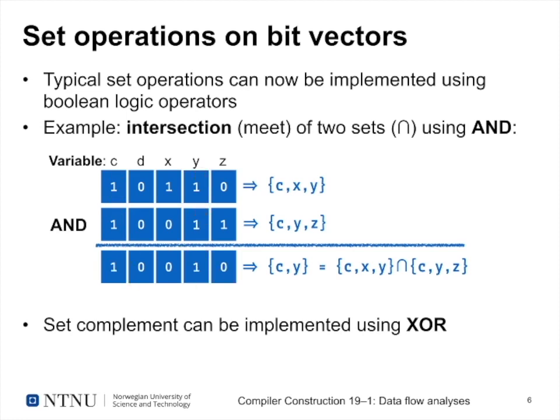So we have C and Y as common elements, and X and Z are no longer in the resulting set. If we need a set complement, we can implement it using XOR or a NOT and AND operation, as we'll see in a bit.